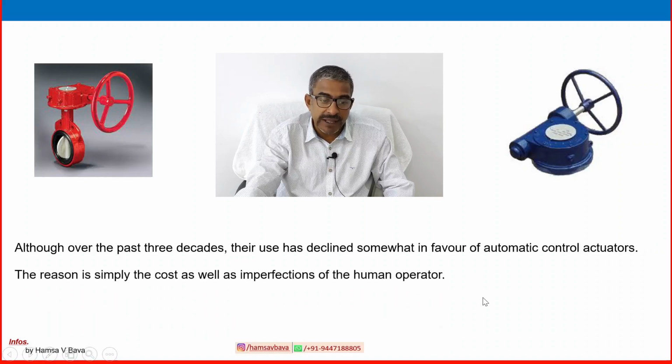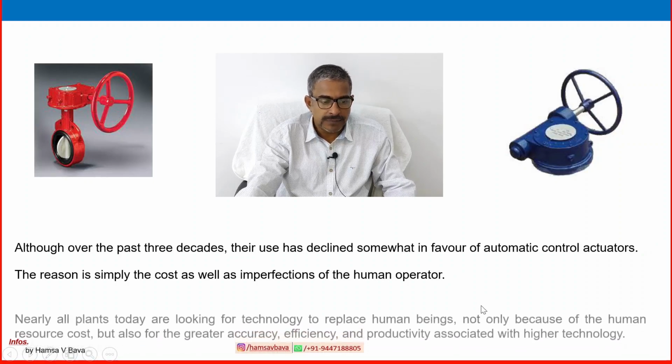The reason is simply the cost as well as imperfections of the human operator. Simply, the operator can go and do the job from the field. Perfection is important, and cost is there, difficulty of operation, and safety also, efficiency also. So that way the replacement is slowly taking place.